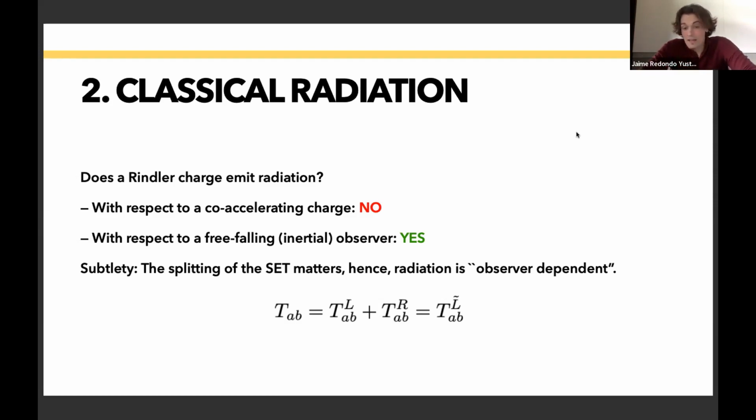There is a nice way of viewing this that does not need to go exactly, although it's somewhat equivalent to, defining Poynting vectors or energy fluxes of observers, and it is by constructing the stress energy tensor associated to the fields of the charge that is emitting, and finding a way of splitting that stress energy tensor into a local part and a radiation part.